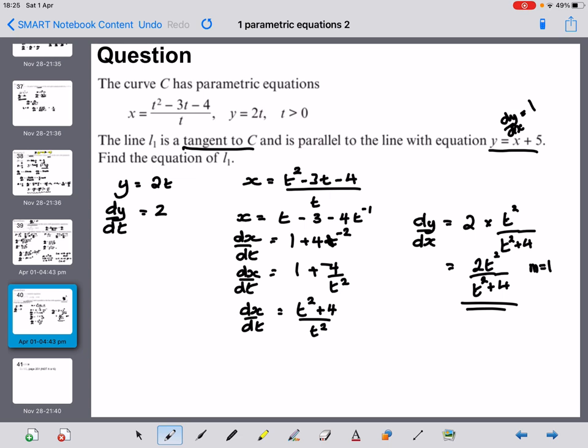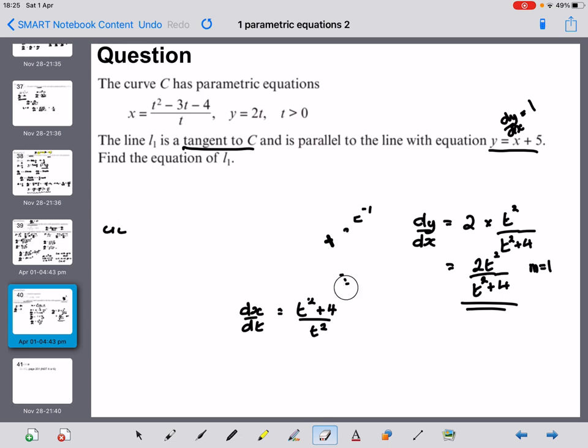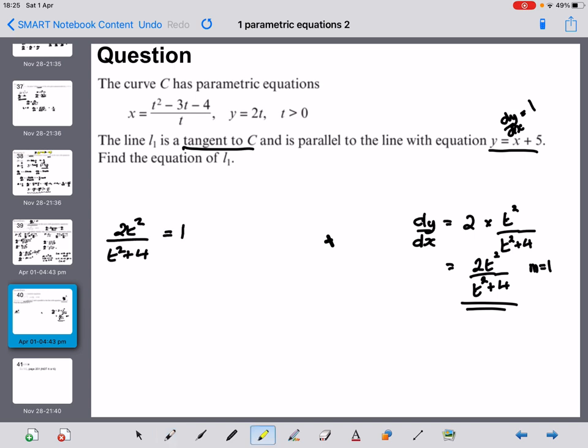So if I say 2t squared over t squared plus 4 equals 1, I've set my gradient function equal to 1, times everything by t squared plus 4.